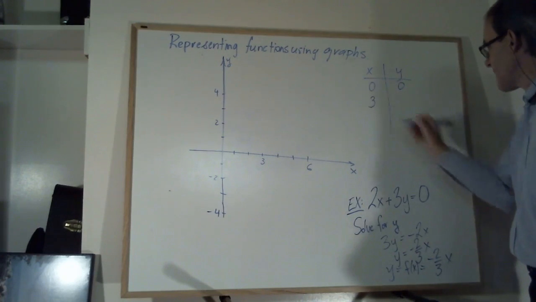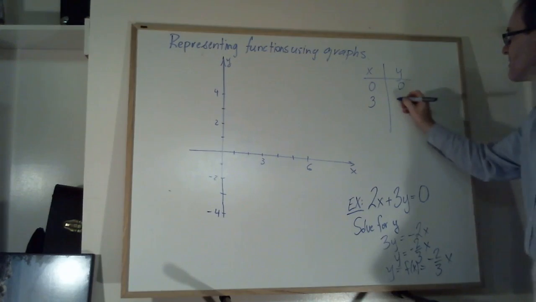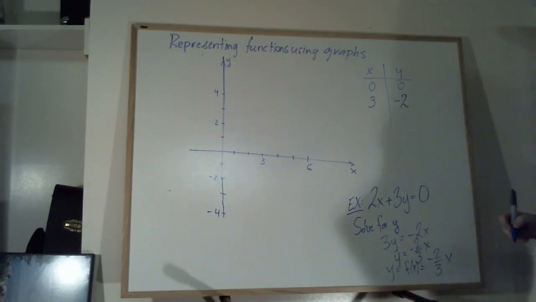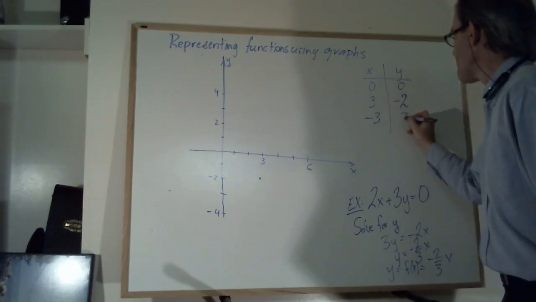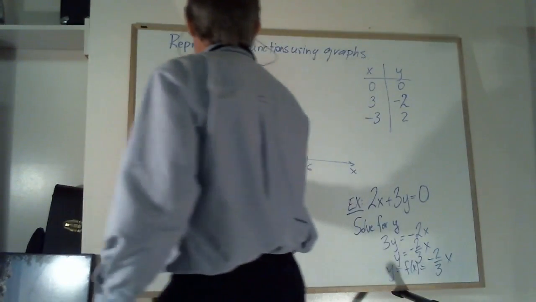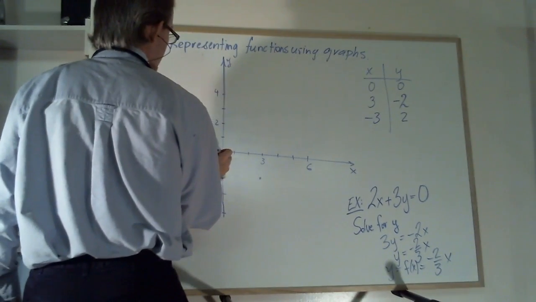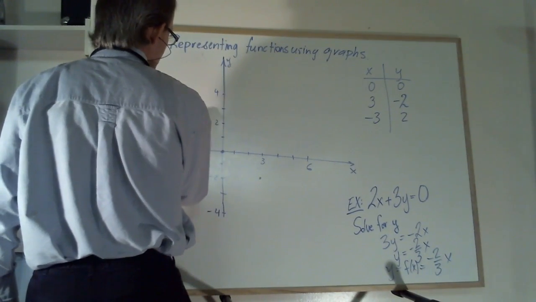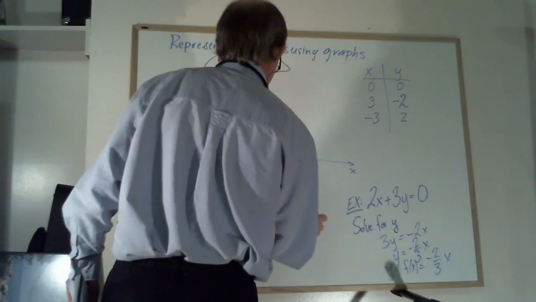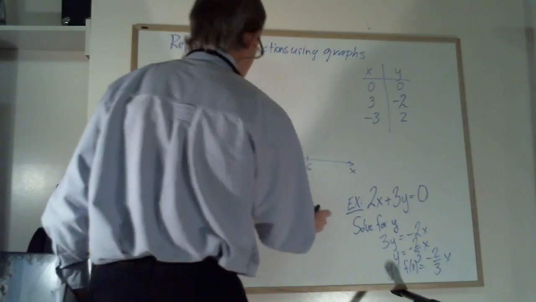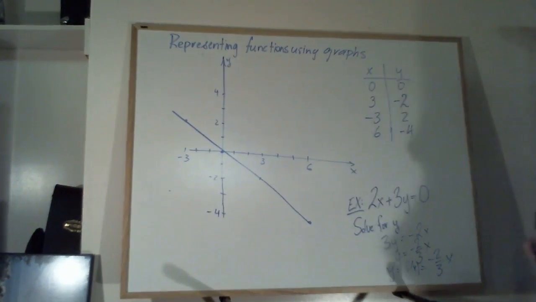So if you plug in 3, the 3's cancel, and you get minus 2. Or you can choose minus 3 and get 2, and that's okay as well. And then that can be used as a check. So you draw those points and you draw a straight line here. You can check at another point, so 6 and minus 4 should also be in the set like that.